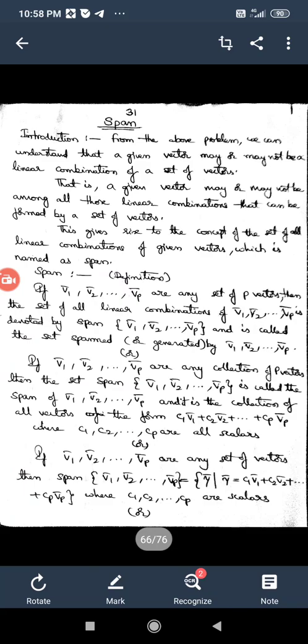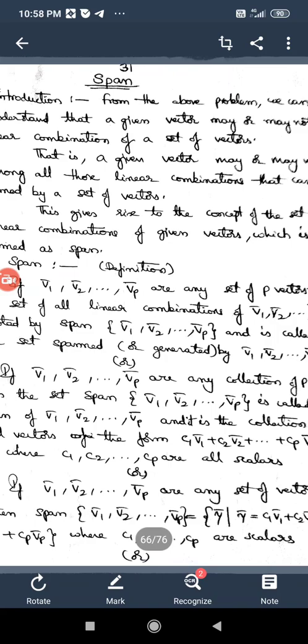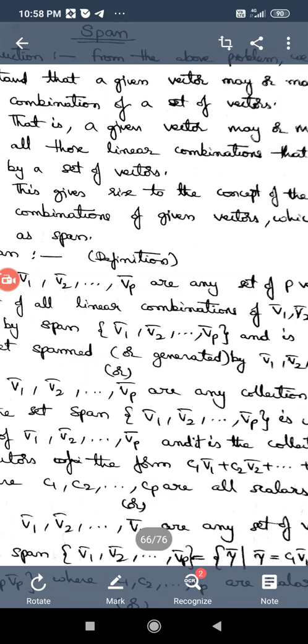Span is a set denoted by span of v1, v2, so on vp, and it is defined as the set of all linear combinations of the vectors v1, v2, so on vp.